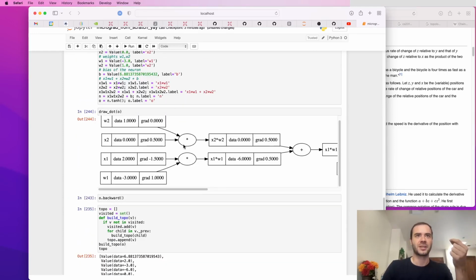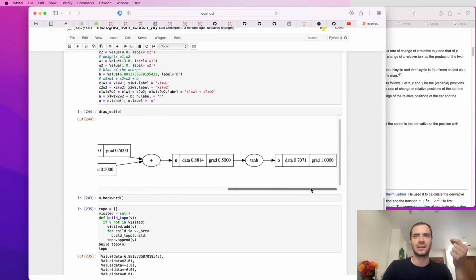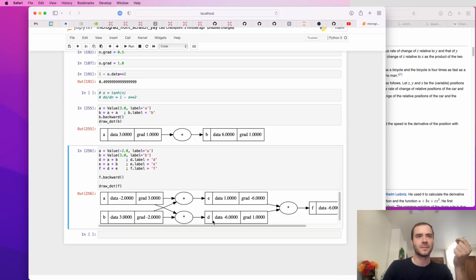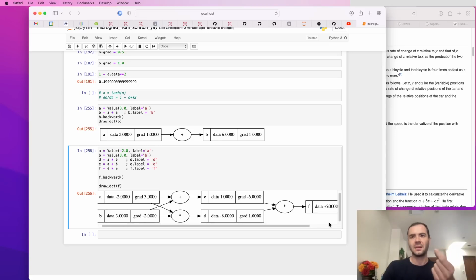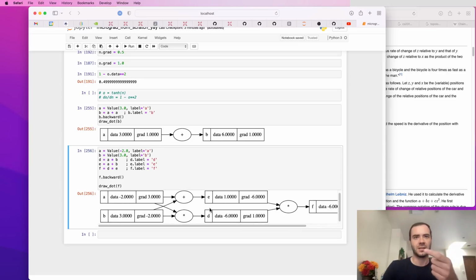Until now, in these expressions above, every variable is used exactly once, so we didn't see the issue. But here, if a variable is used more than once, what's going to happen during the backward pass? We're backpropagating from F to E to D, so far so good, but now E calls its backward, and it deposits its gradients to A and B, but then we come back to D and call backward, and it overwrites those gradients at A and B.